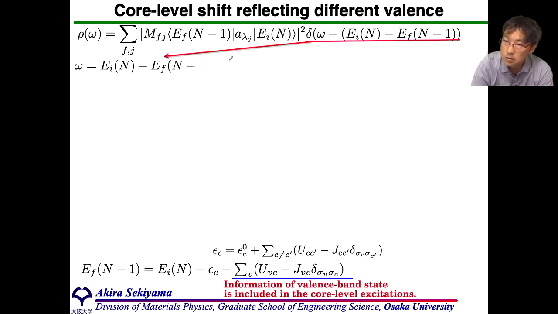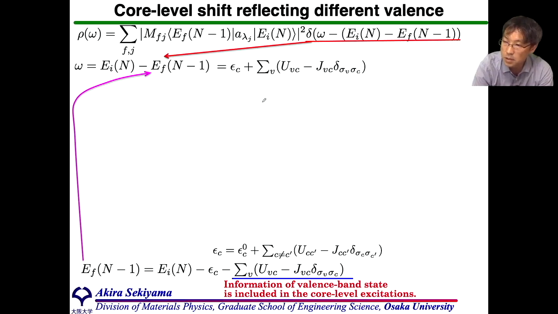And here, omega is the energy difference between the initial state and the final state. On the other hand, the residual N-1 electron energy is expressed by using this formula. So the peak energy should be described by this formula.